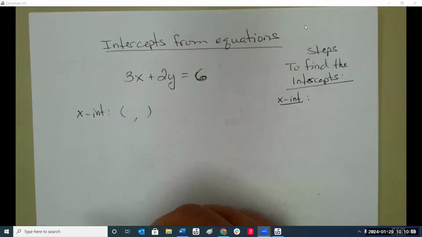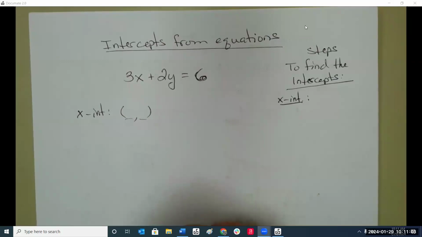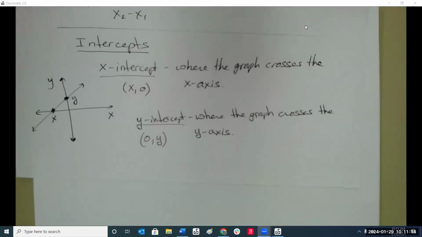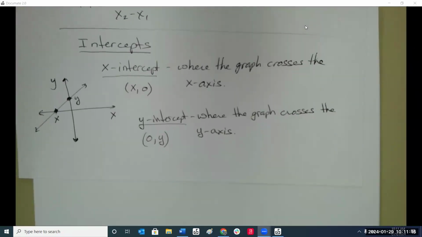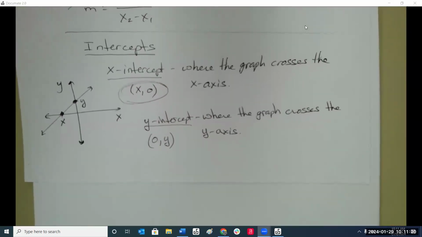There's two things. We have something here and something here. Look at the page we just did on our graphs. Turn your notes, look at your notes. What's the location of the x-intercept?